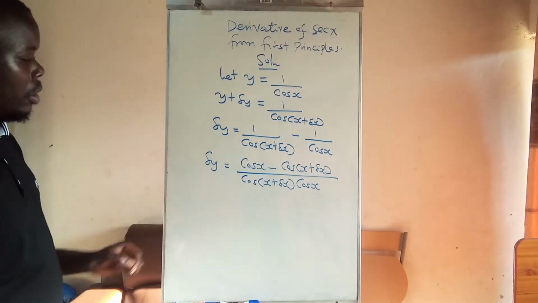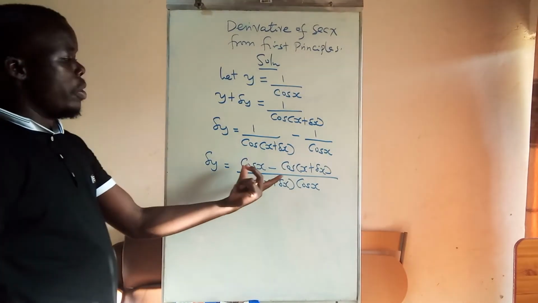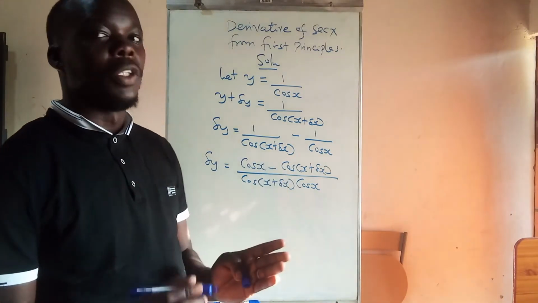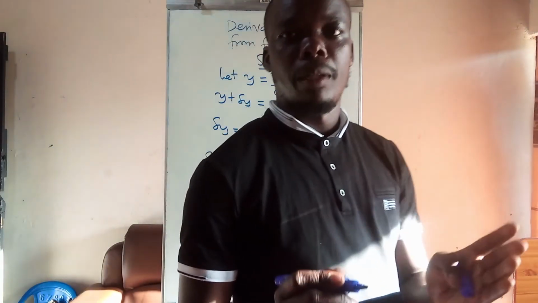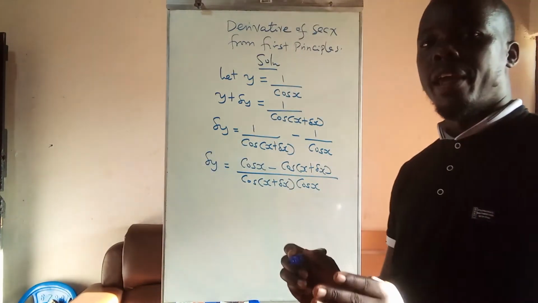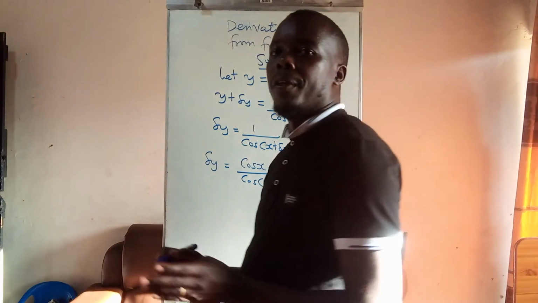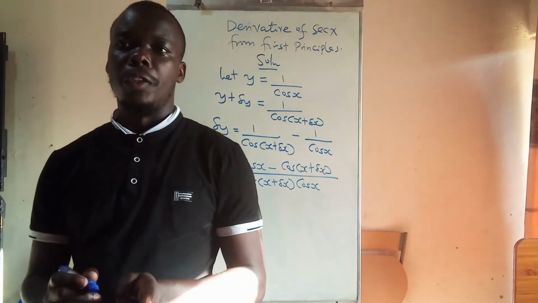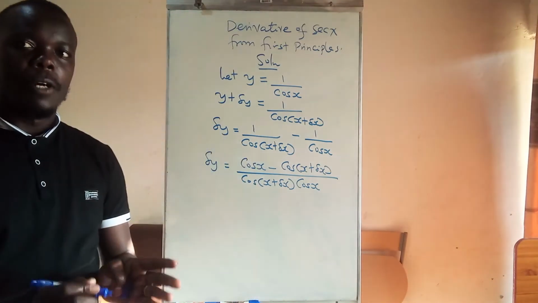Then from this level we can look at the numerator and we realize it is the difference of two cosines. Now it takes us back to the factor formula. You have to recall that cos A minus cos B is the same as minus 2 sine of (A plus B) over 2, then sine of (A minus B) over 2.